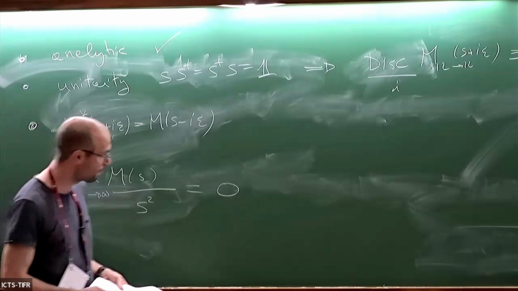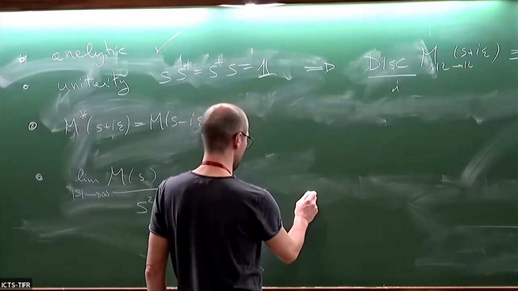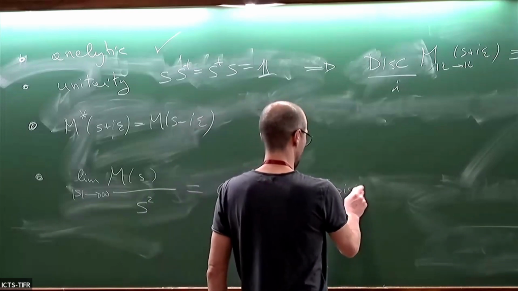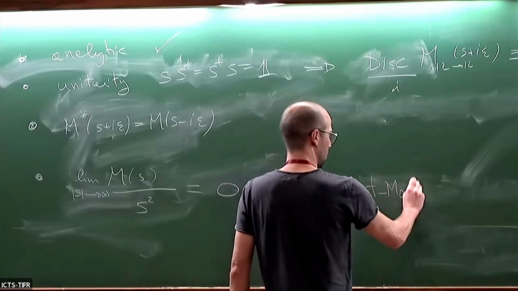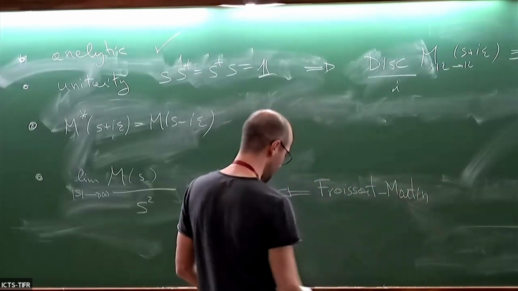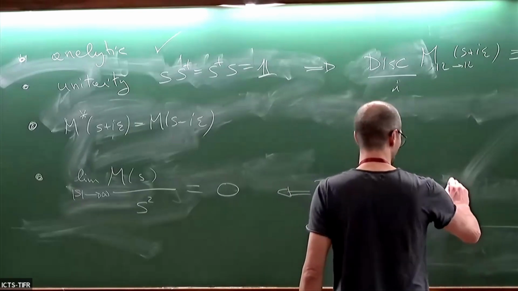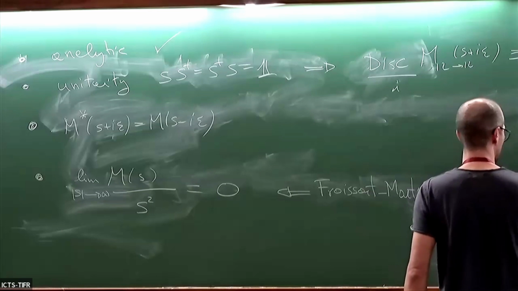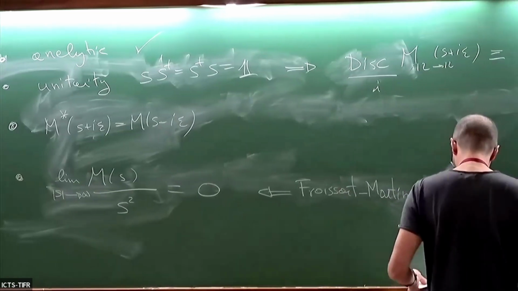This one, if you have a theory with a gap, is actually implied by a theorem called the Froissart-Martin bound. Froissart had a very good argument, and Martin made it a proof, that the amplitude in a gapped theory goes at most like s log squared of s.